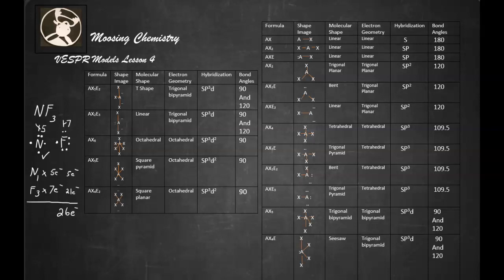So I'm going to draw a structure, and I'm going to put N in the middle, put the 2 dots on top, and then I'm going to create a connection with this F, a connection with this F, and a connection with this F. And we're going to make sure we have enough valence electrons to make the shape correct.